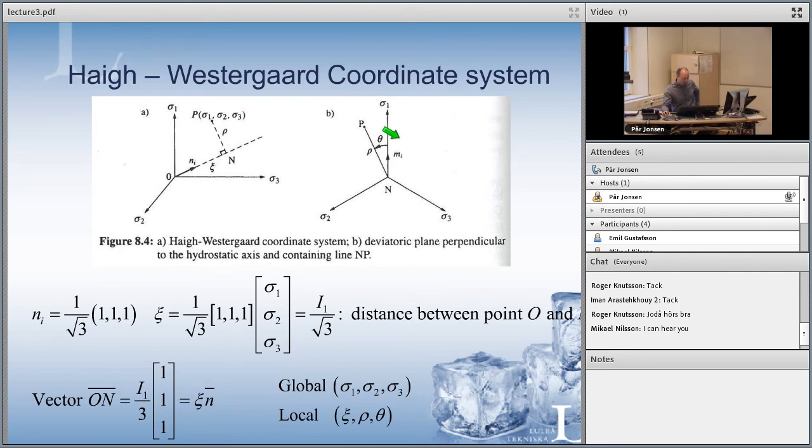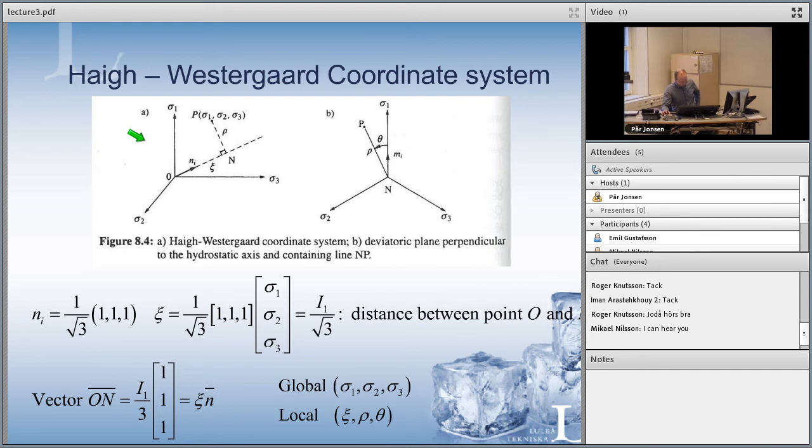So you can describe this one mathematically also, with the normalized vector n. You see here you have 1, 1, 1, meaning that you have contribution from each axis here, and it's normalized, so you have the square root out of 3 here.